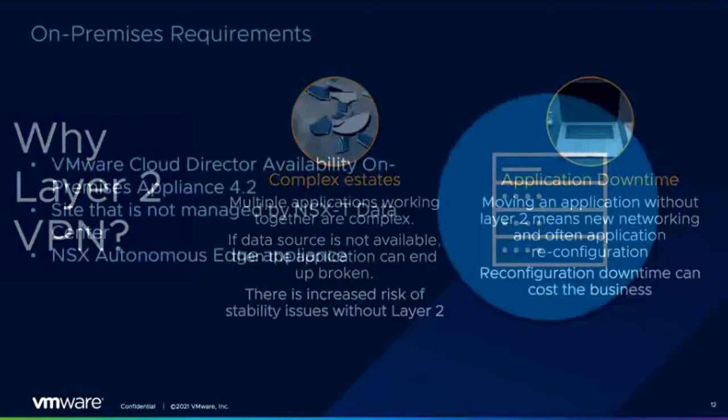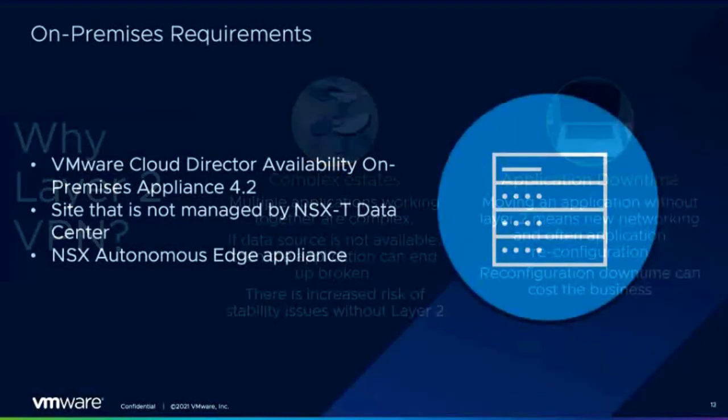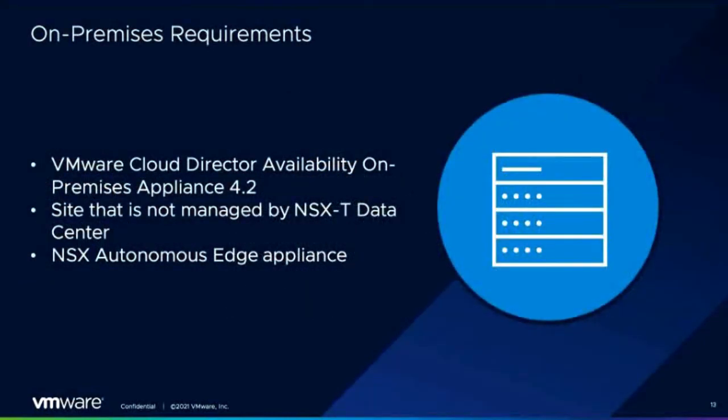The requirements for the on-premises: the tenant should be running the latest version of the on-premises appliance for 4.2. The site shouldn't be managed by NSX Data Center. If it is, there is a slightly different procedure.